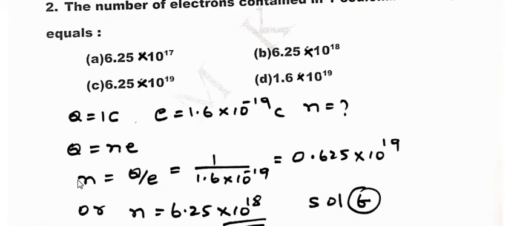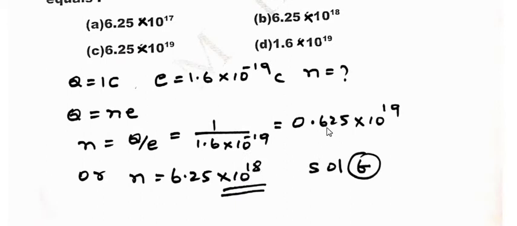So I will make use of the principle that charge is quantized. Q is n into e, or n is Q by e. Q is 1 coulomb divided by e. e is 1.6 into 10 raised to minus 19. 1 by 1.6 is 0.625. So 0.625 into 10 raised to minus 19 goes to the numerator. It becomes 10 raised to plus 19.